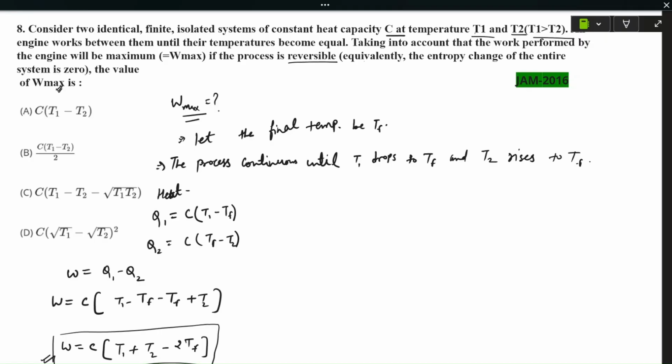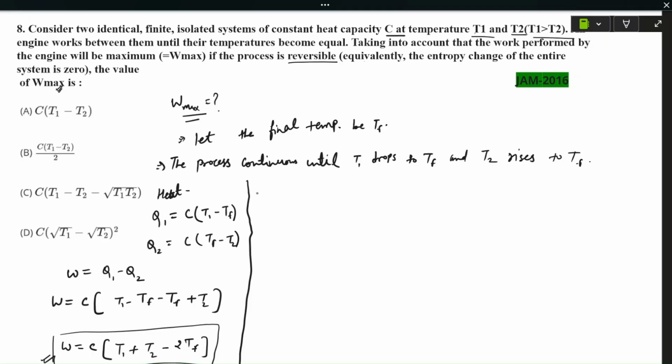So this is the work that is done by this engine. But we have to maximize the work done. So to maximize it, now we continue. Consider the heat is given out and taken at mean temperature, because no reservoir is attached to the system.